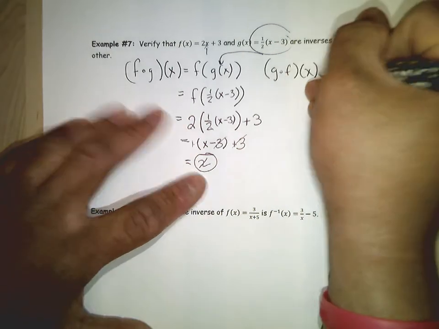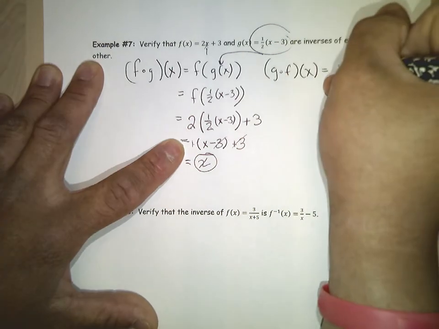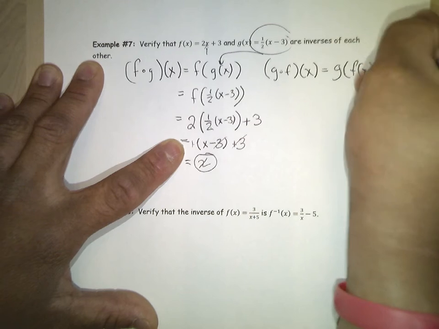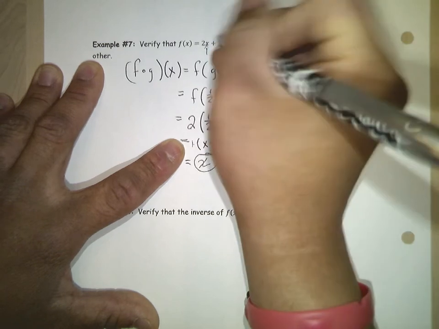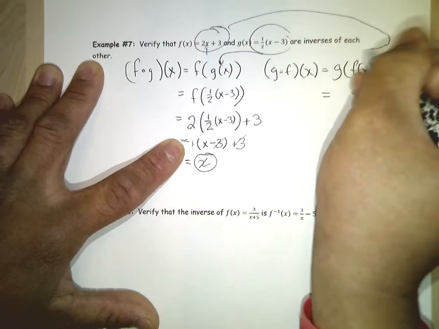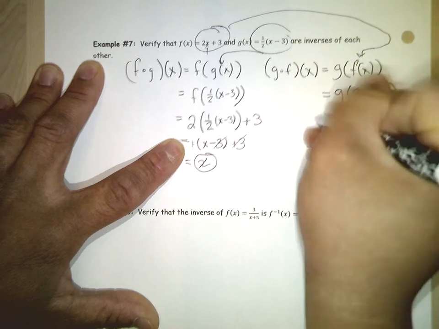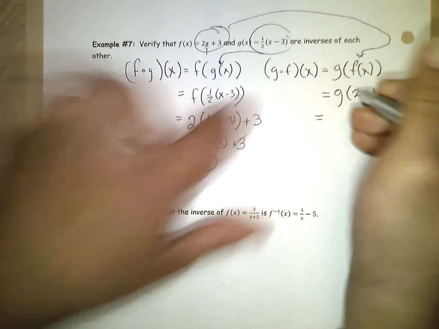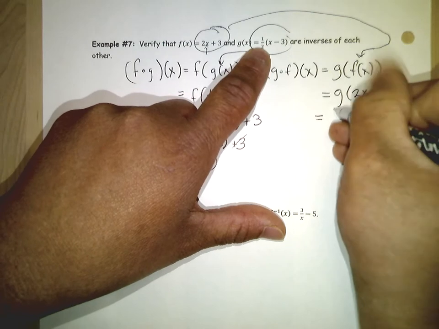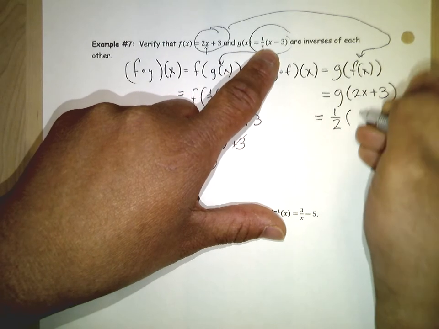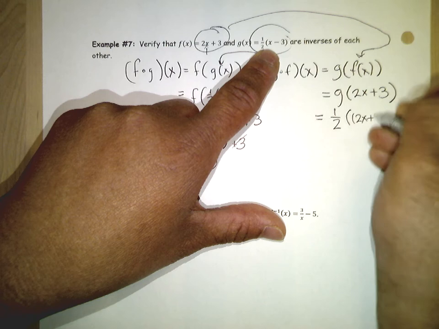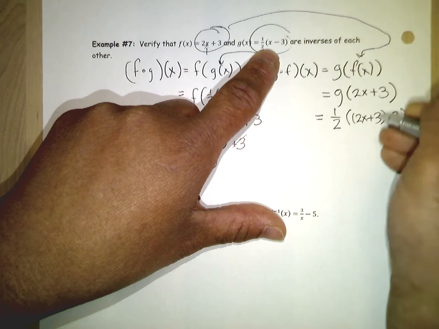Now g of f of x. So I'll substitute the f of x into g of x, so g of 2x plus 3. Then I have, all right, let's do this, 1/2 times, I'll put the 2x plus 3 in parentheses just to make sure that I'm doing this correctly.